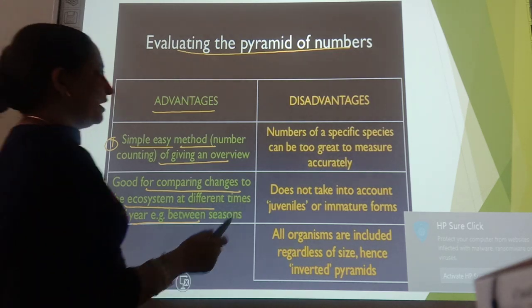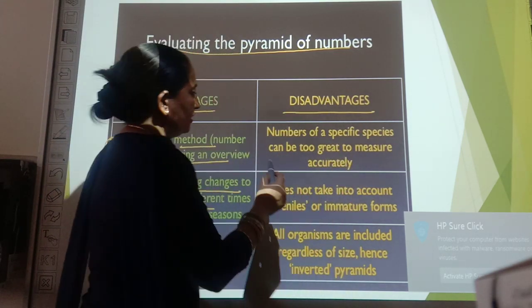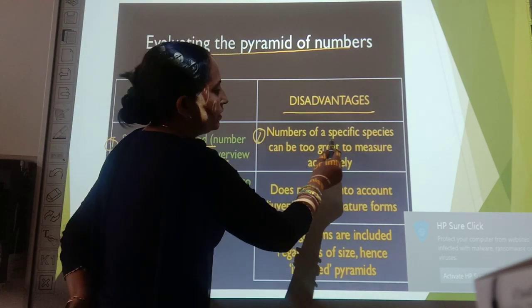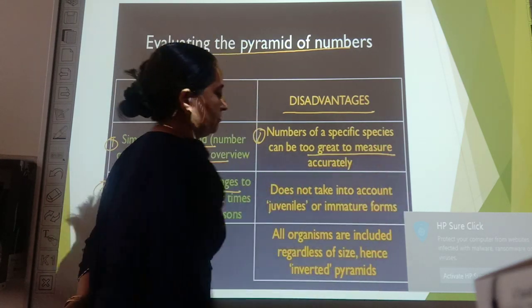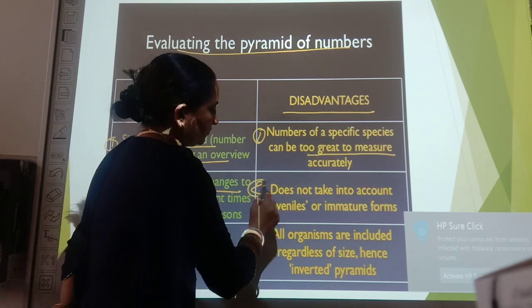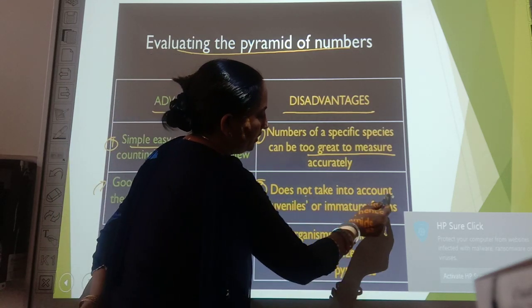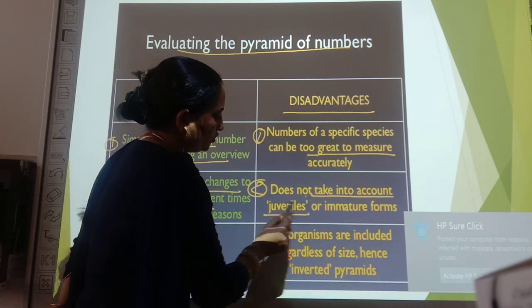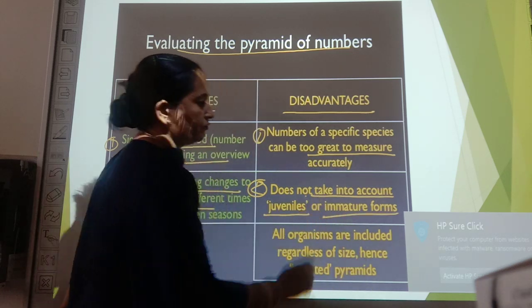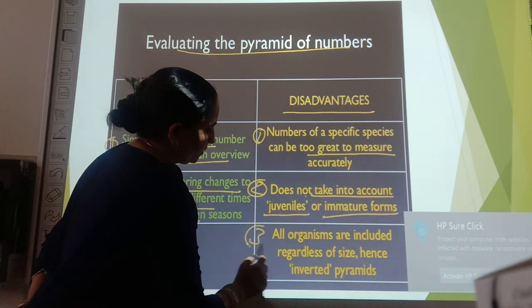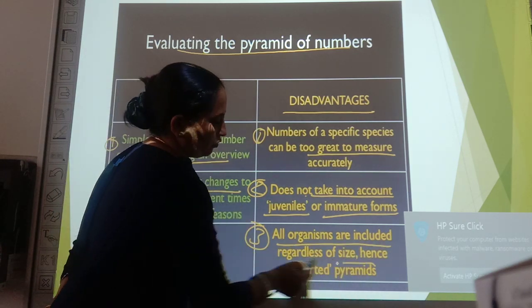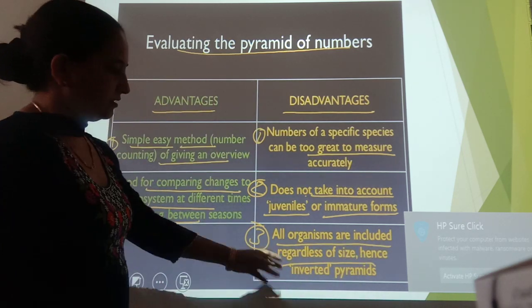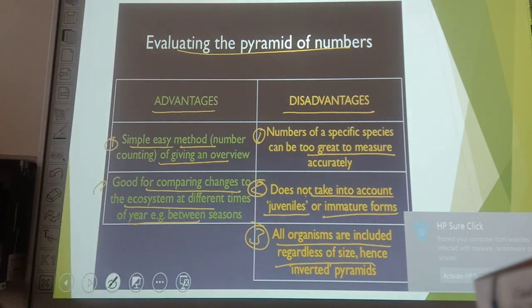Some disadvantages are also there. The number of a specific species can be too great to measure, and it does not take into account juvenile or immature forms. Also all organisms are included regardless of shape and size, hence the pyramid may be formed inverted.